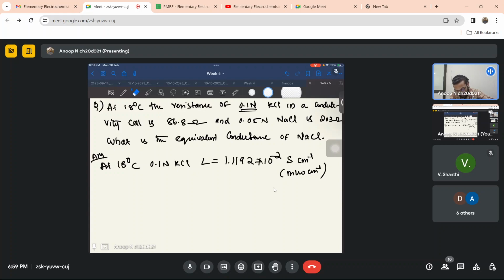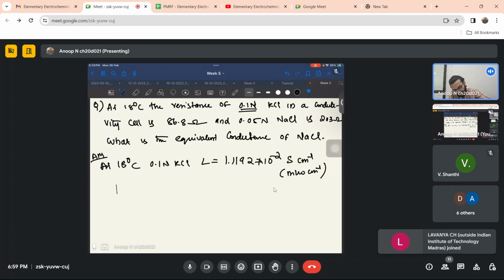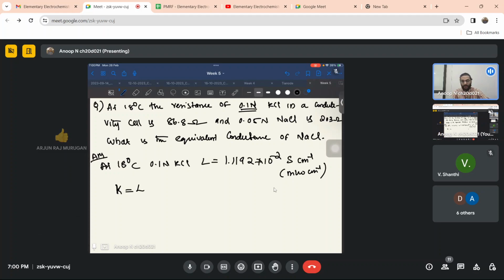In the last page, we have something called cell constant. Cell constant K is equal to L into R. Here for the first solution, 0.1 normal KCl, we know the value of L as well as the value of R. So we can write K is equal to 86.8 into 1.1192 into 10 raised to minus 2.